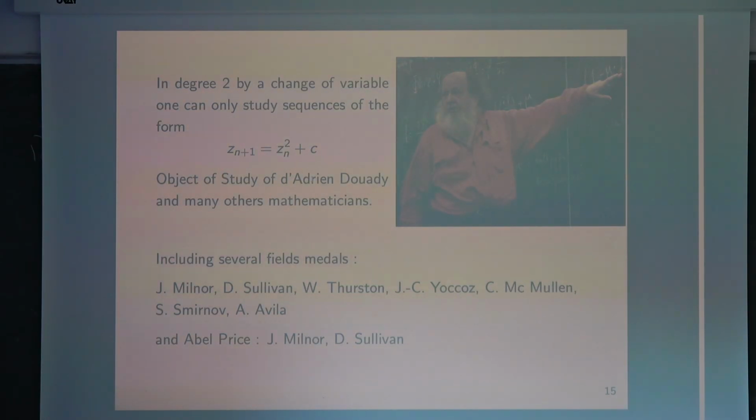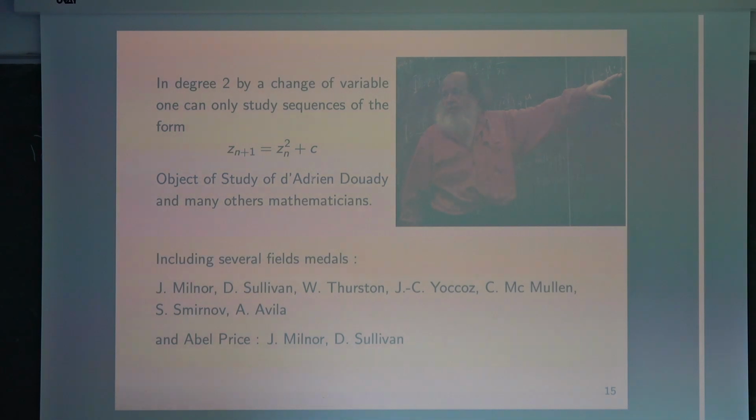So he had a lot of hints, and he wanted to go into this. He told his colleagues, and even when he was invited at the Academy of Science, he said, my research subject is complex sequences given by a polynomial of degree 2. He was very proud of this, because everybody was thinking that it's very easy. And it's not so easy, because a lot of people have gone into this area since that time.